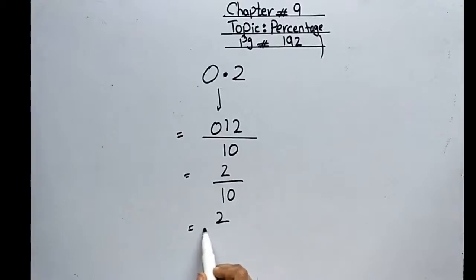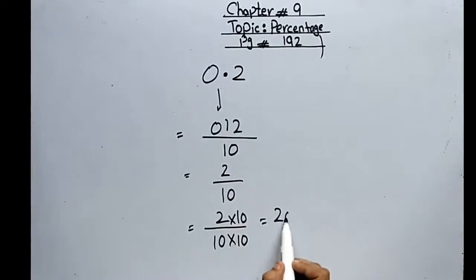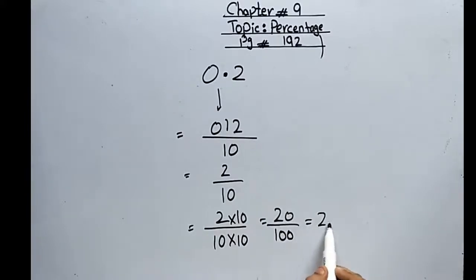According to the first method, we will try to make 100 in the denominator. So we simply multiply by 10 in the denominator and numerator 2. So 10 multiplied by 2 is 20, and 10 multiplied by 10 is 100. So 20 out of 100 can be written as 20%.